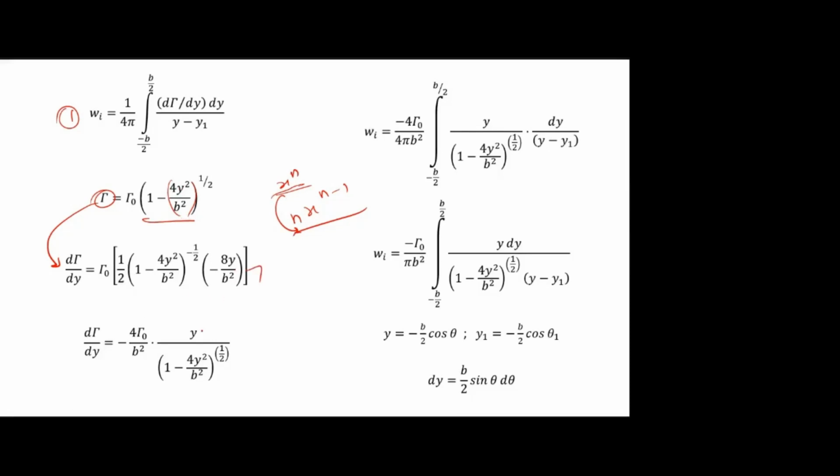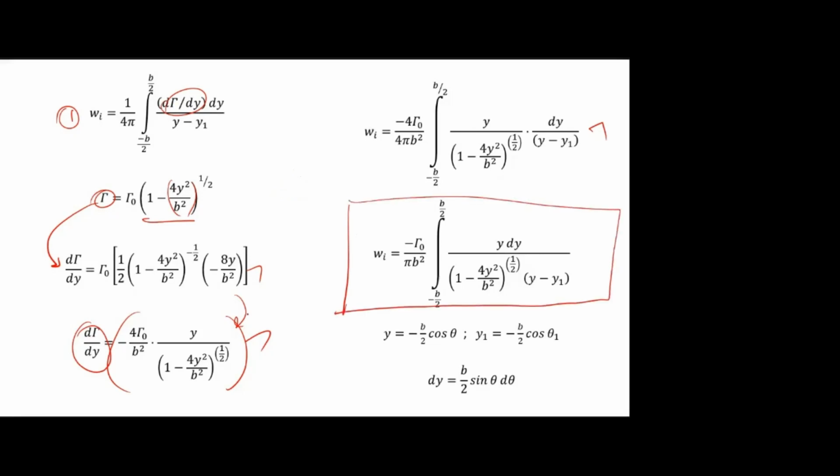Then rearrange, you will get this term. Normal rearrangement only. Now this d gamma by dy we can substitute here. Then you will get this final equation. Here also they just rearranged. So this is the final. Is that clear?